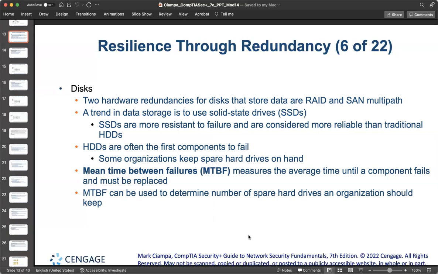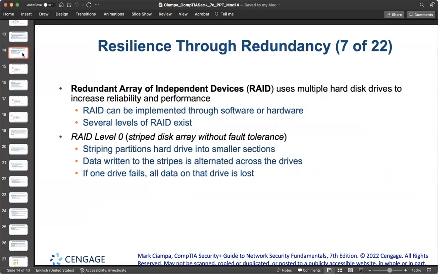So if you have that calculation, if you have that data, now you can plan based on that, because you know, okay, usually within every 6 months you have to change these hard drives or anything like that. That also can help you determine how many spare hard drives you need to have in hand for how long, right? You always want to have 2 or 3 in hand to be able to address those issues.